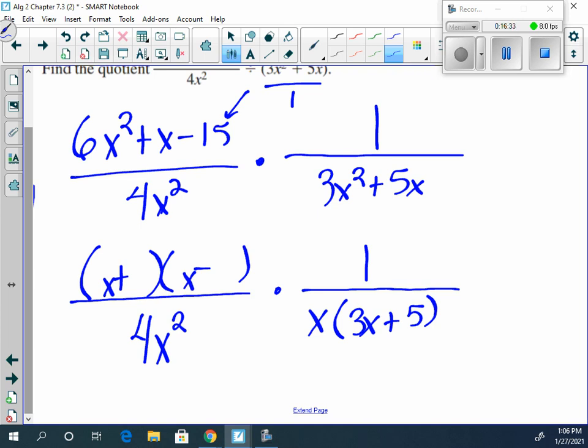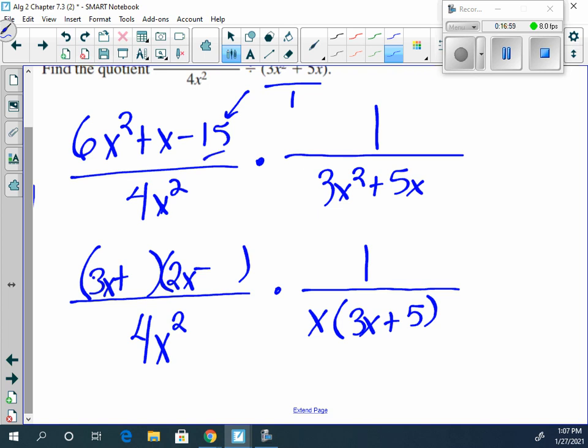Now the factors of 6 are what? 1 and 6 or 2 and 3. Which one would we use? 2 and 3. Would the 3 be positive or negative? It'd be with the plus, and 2 would be with the minus, because I'm wanting to try to line it up with the one on bottom. We have 3x plus 5. Okay, so I'm going to assume and hope that the 3x is going to be with the plus.